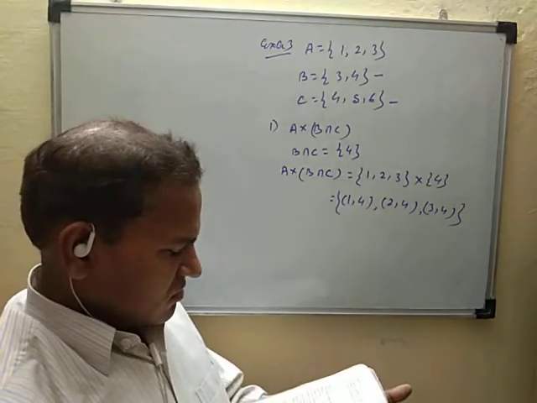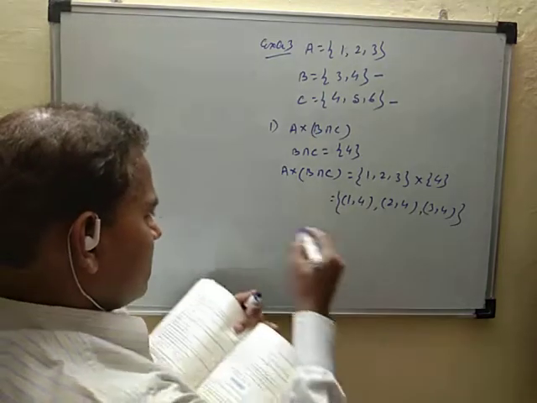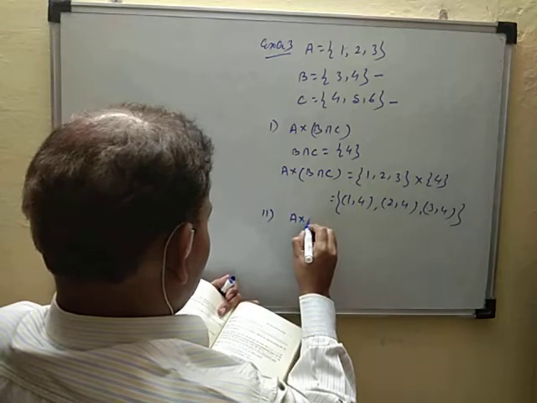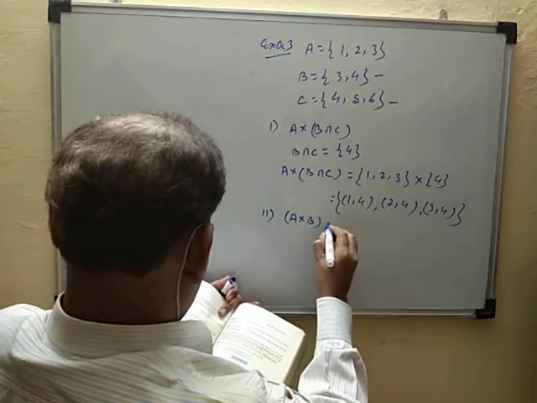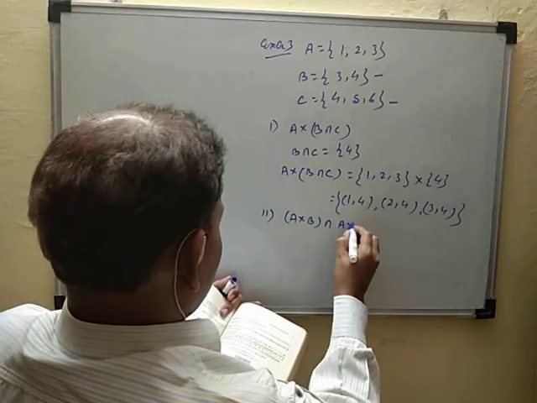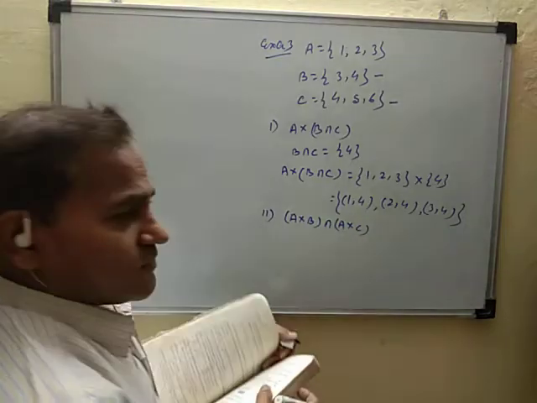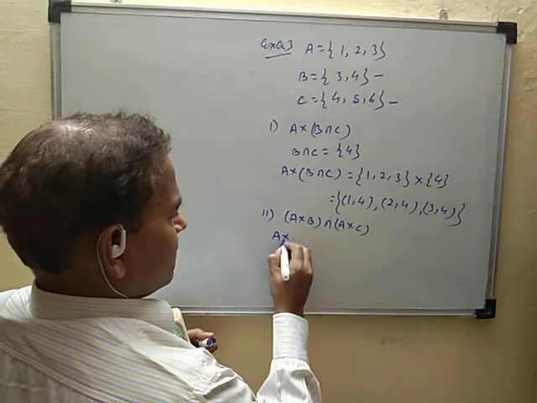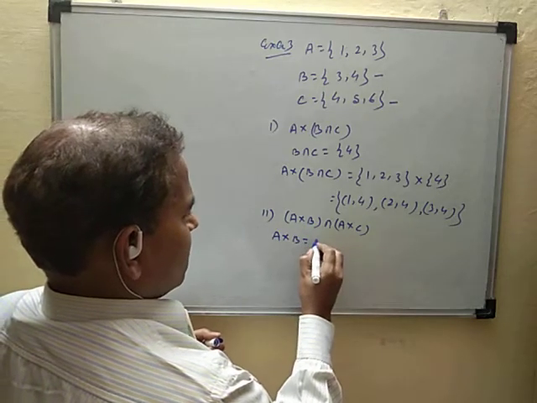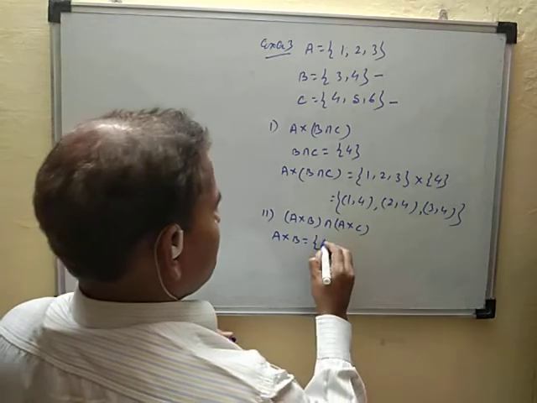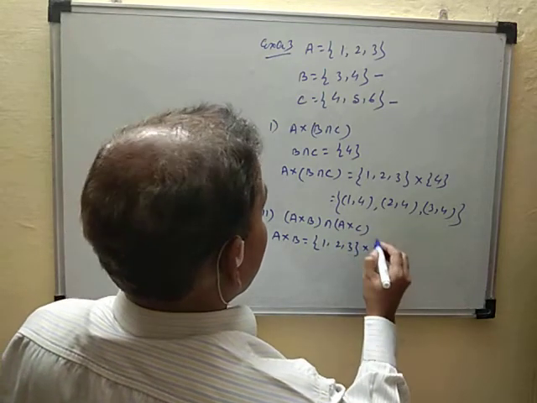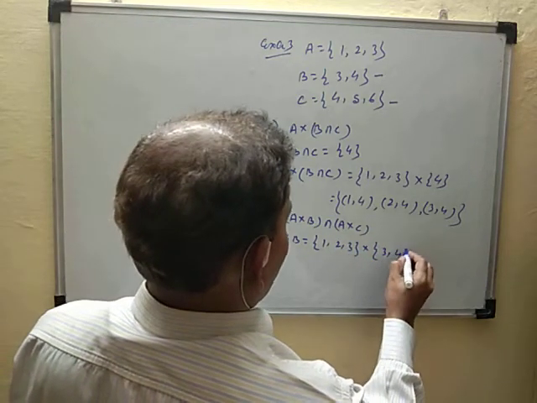Similarly find all. Second thing. Second is (A cross B) intersection (A cross C). So first find A cross B. What is A? 1, 2, 3 cross B. B is 3, 4.